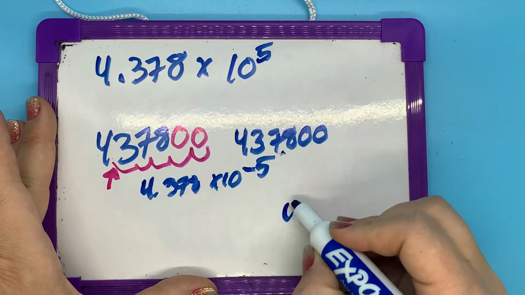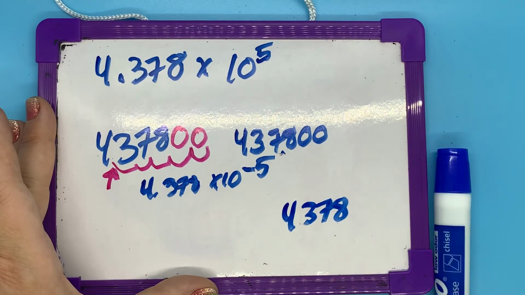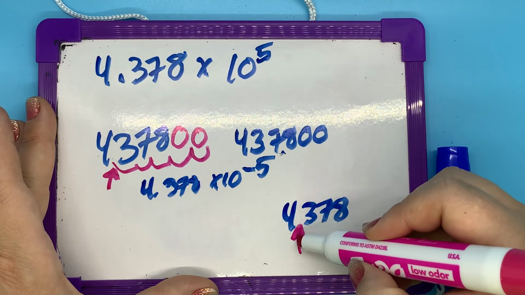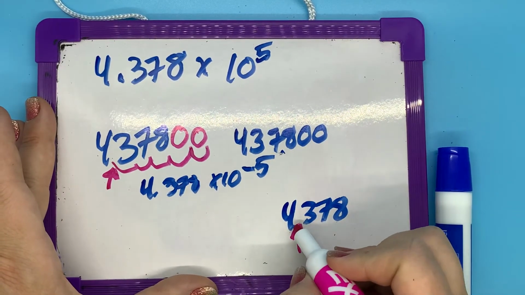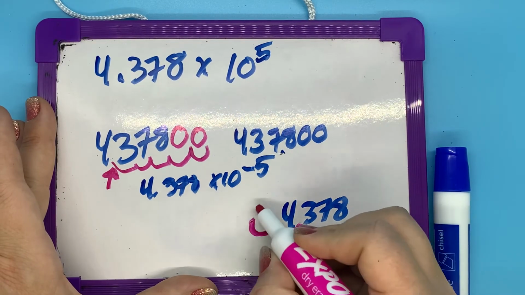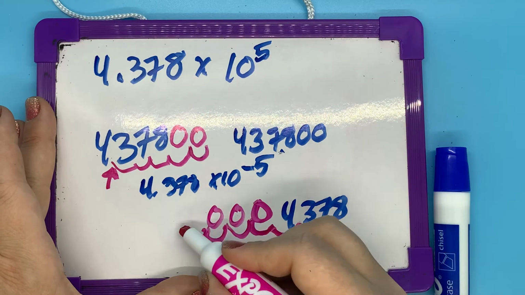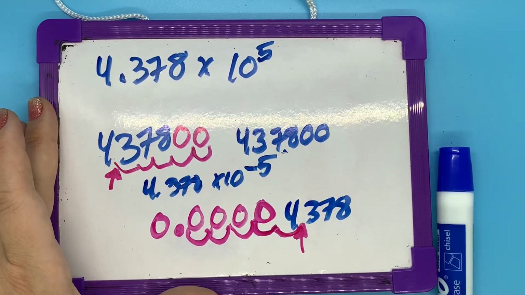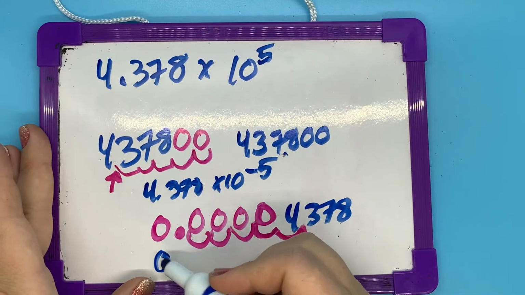So I'm going to say 4378. Again, going to mark where that decimal was, because that's your starting point. It is 5, so starting here, 1. We're going to go 2, fill in your 0, 3, 4, 5. Add your decimal, add your starting 0.